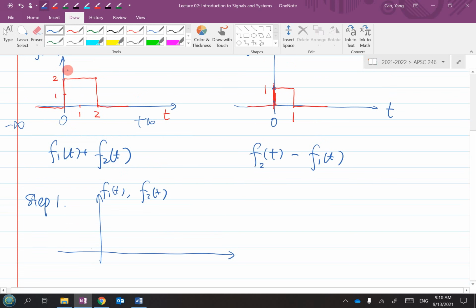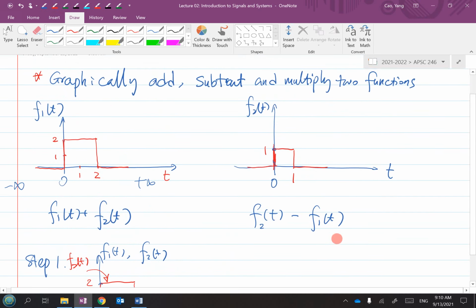So if I draw f1 of t, I'm going to use the red color to draw f1 of t. There. So that's f1 of t. If you want to be very sure, you could always just add an arrow here, to make sure you know this is f2 of t.